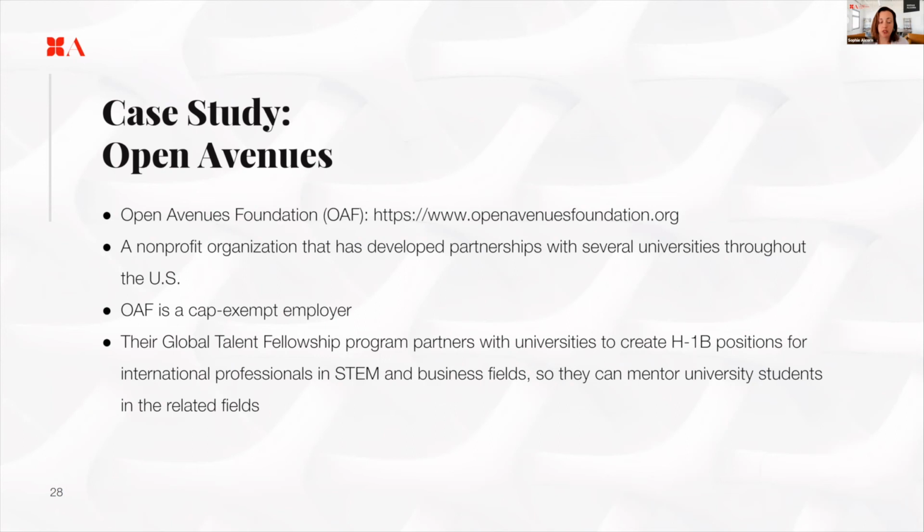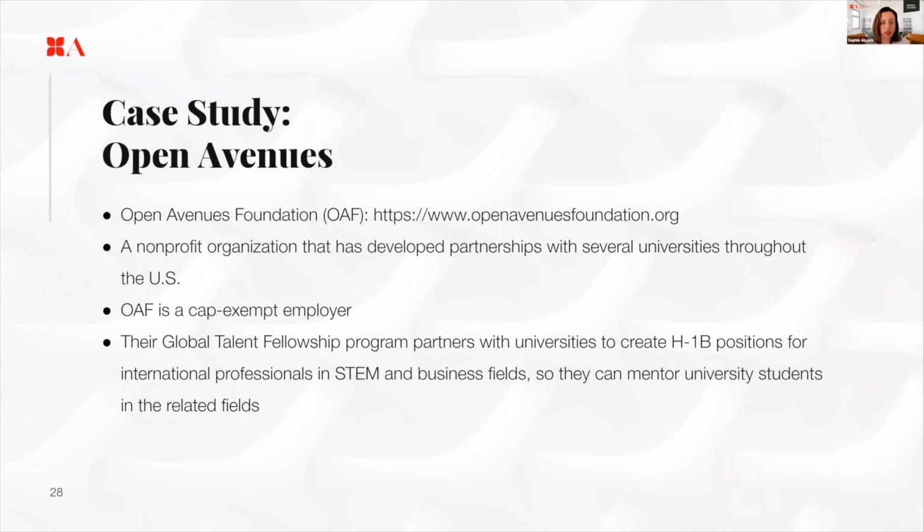And this could be leading project-based learning for your company's technologies that need to be developed with a group of students at a US university, or leading micro internships for students.